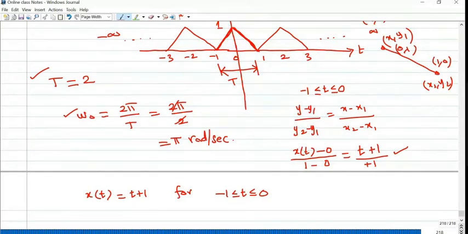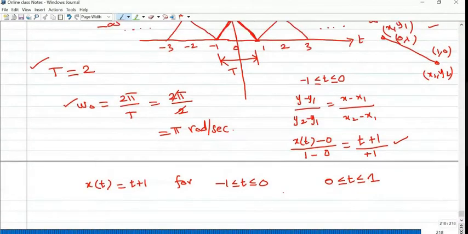Now 0 to 1, this is the slope. So this point we consider x1, y1, which is 0 comma 1, and this point x2, y2, which is 1 comma 0. Now use the formula for 0 to 1. Repeat the same procedure once again.